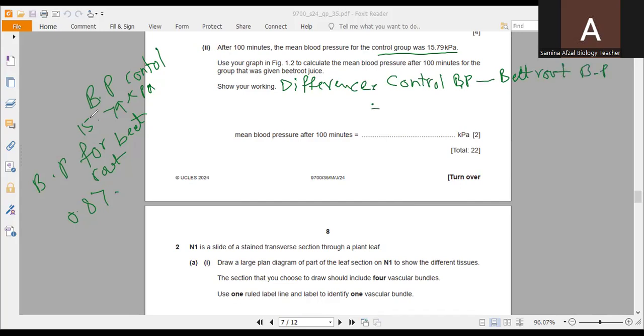Control is 15.79 minus 0.87, so it is about 14.92. So this is the answer. It was all about question number 1.